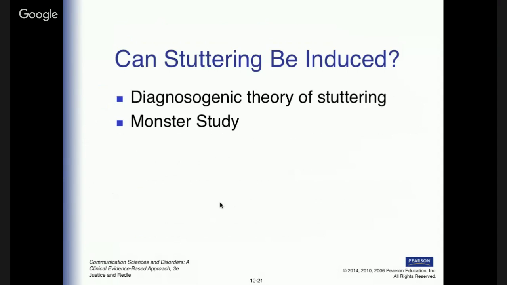So for years and years, there was a diagnosogenic theory of stuttering, which was the idea that stuttering was when parents and/or caregivers would diagnose stuttering. That's where the name diagnosogenic comes from.